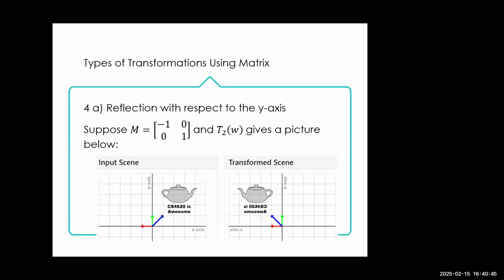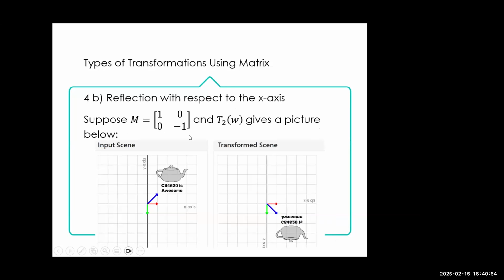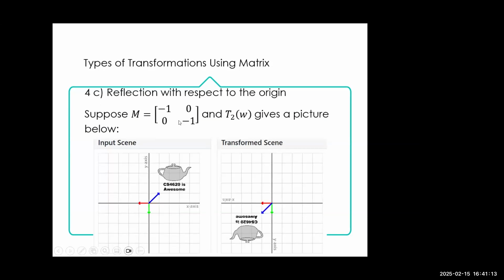So I flip my diagram to the other side. If I switch this coordinate right there into -1, then I will have the reflection on the x-axis. But you can think, we want to flip your graph on the x-axis and also on the y-axis, then my transform matrix will become -1 and -1.